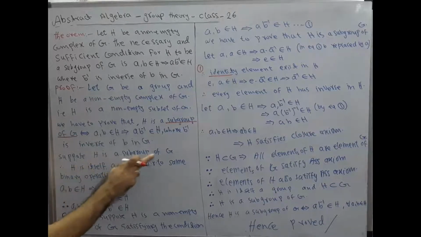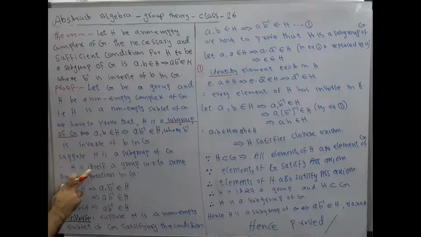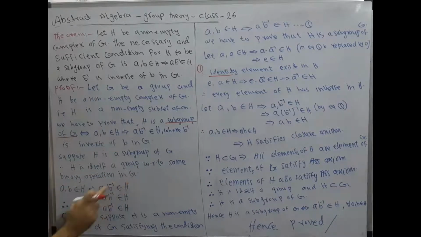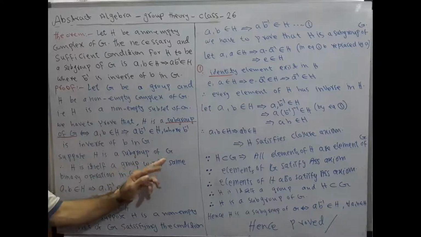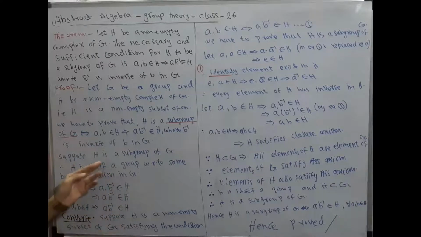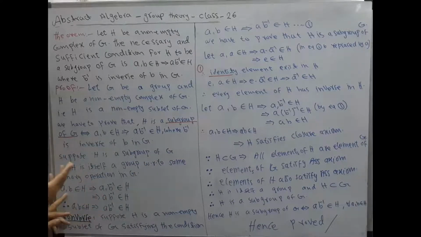Suppose H is a subgroup of G. Therefore, H is itself a group with respect to the same binary operation in G. Here, G is a group and H is a subgroup of G. Therefore, H itself is a group with respect to the binary operation given in G. So H is a group.